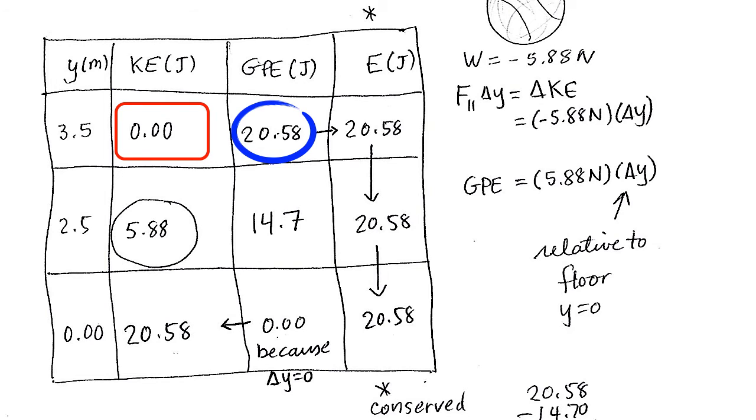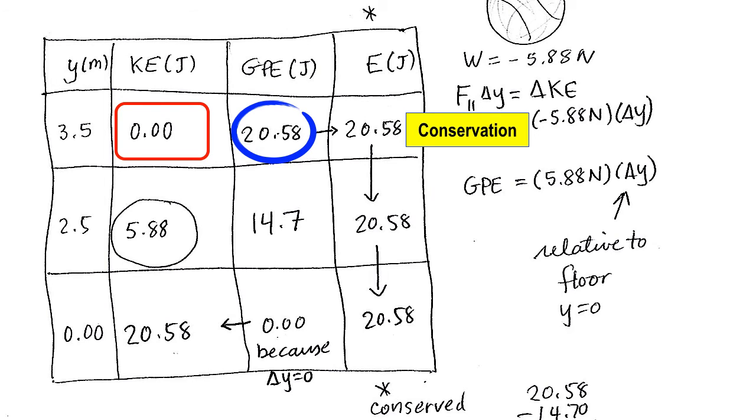Now, the conservation of energy and the definition of total mechanical energy stipulates that the total mechanical energy is the sum of the gravitational potential energy and the kinetic energy. So once you have two boxes on any row, you can figure out the third box. And in this case, we can figure out that the total mechanical energy by conservation of energy is 20.58.